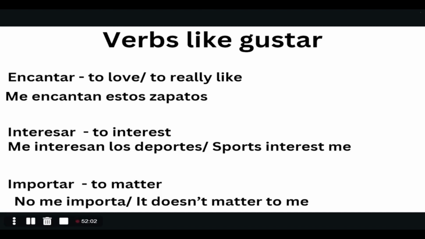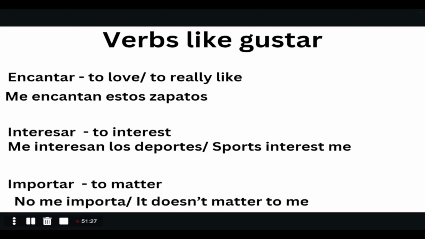And so, in some sense, the person or the thing being acted upon, the object, is really us, the person, that is being acted upon. And these verbs function just like gustar in that sense, right? And so once you master this concept, then you can, of course, start changing it around with different pronouns.